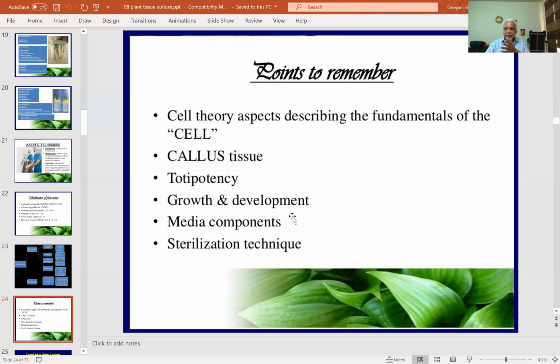And then the media components and the sterilization component. Now, these things you are going to do in the labs also. When you come for practicals, you will see how the tissue culture is done in vitro.